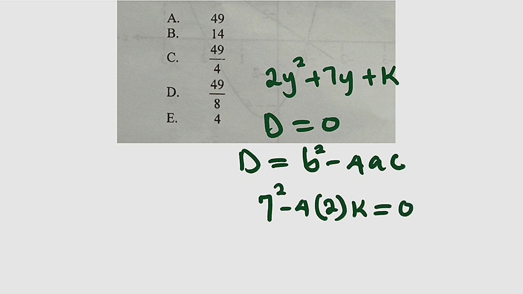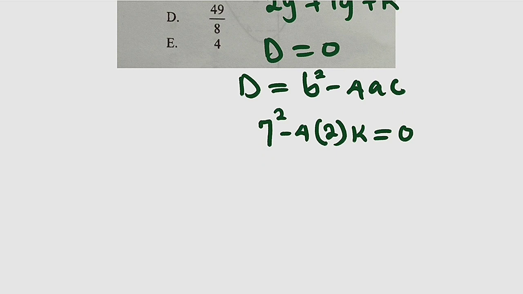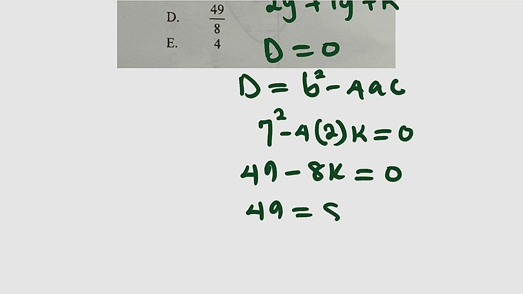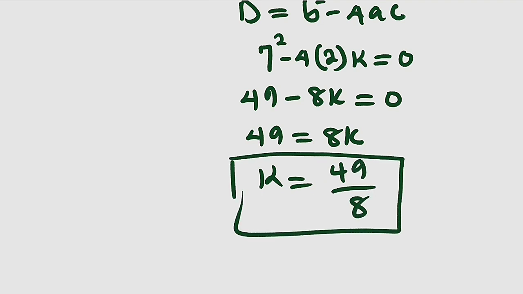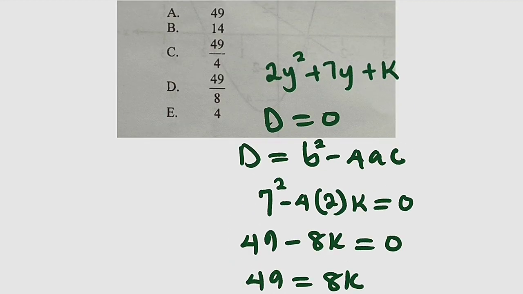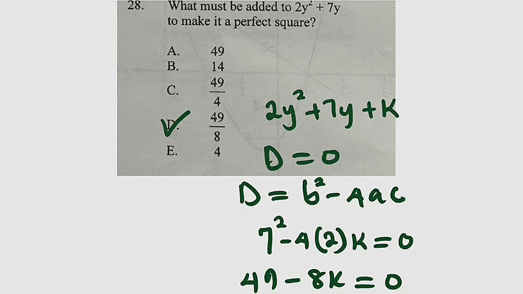This must be equal to 0 for this to be a perfect square. 7 squared is 49 minus 4 times 2 times k, this is 8k, equals 0. 49 equals positive 8k. Divide both sides by 8, and k must be 49 divided by 8. This is the value of k. And this is not the only way to do that. You can try other methods. We have it as option D.